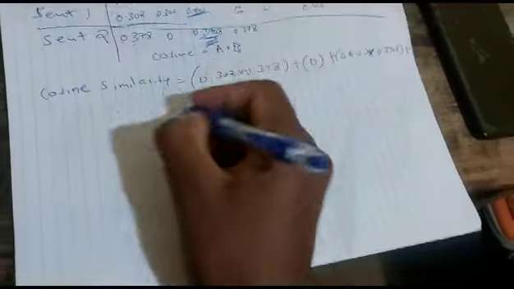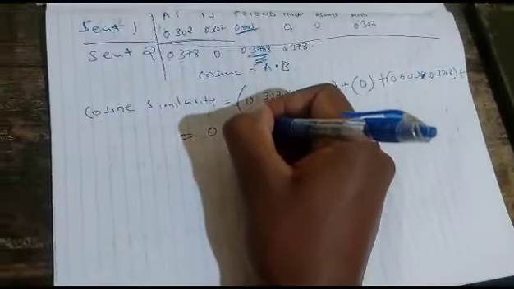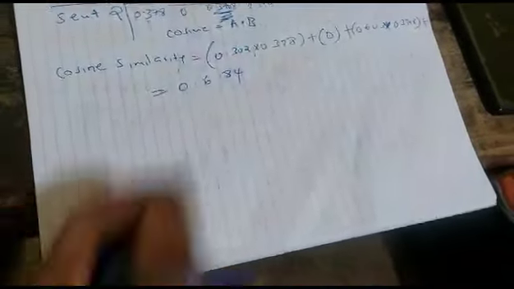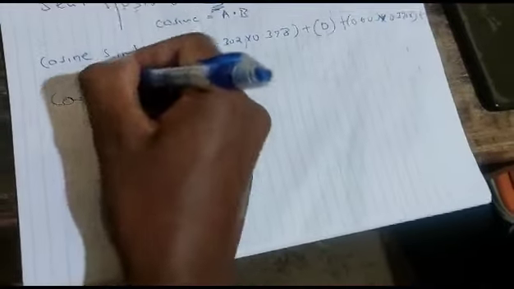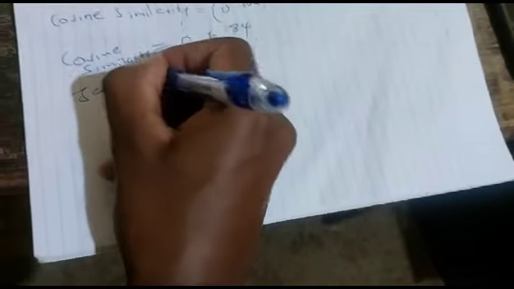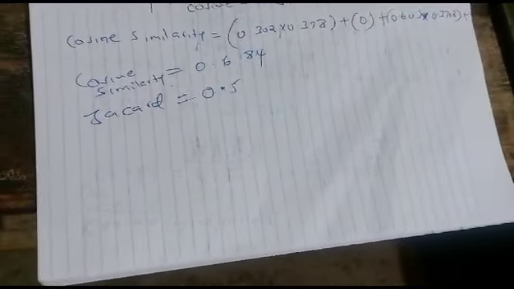If you do all those, you will get the cosine similarity to be 0.684. So these are cosine similarity. Remember our Jaccard similarity was 0.5. So you'll see there's a difference between the Jaccard similarity and cosine similarity.